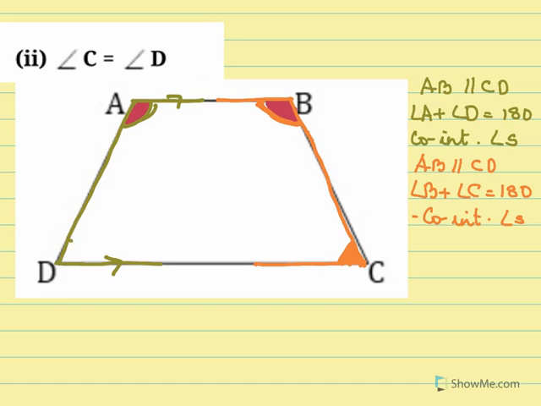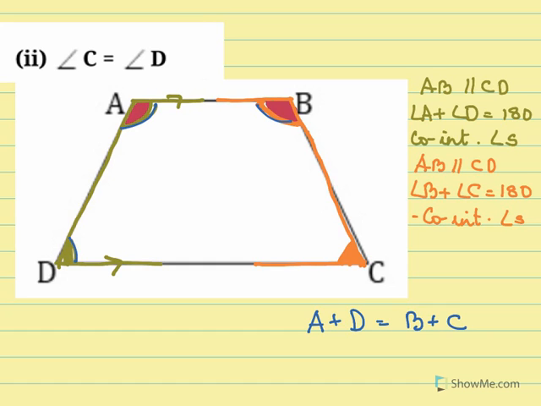Here too let me mark it up. So I marked angle A plus angle D. So now A plus D was 180 and B plus C was also 180, because they were co-interior.